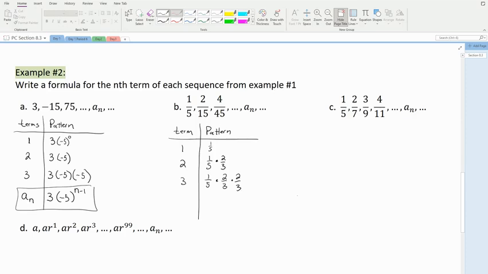So once again, we're multiplying by 2/3, that common ratio, each time. And as before, we have 1 less than the term that we're on. So this is going to become 1/5 times our common ratio, which is 2/3, to the n-1 power.